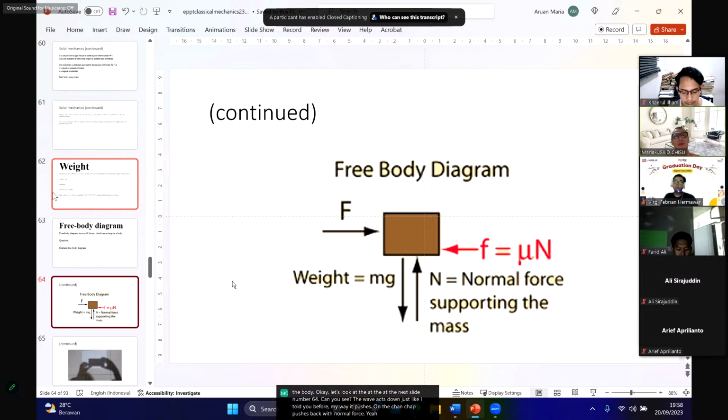And then force F acts to the right in my case, and friction force mu times N acts in the opposite direction. So that would be a free body diagram. We removed all the things around the body so it becomes free, but in order to keep things correct, we draw all the forces which act on the body. So that's called a free body diagram.